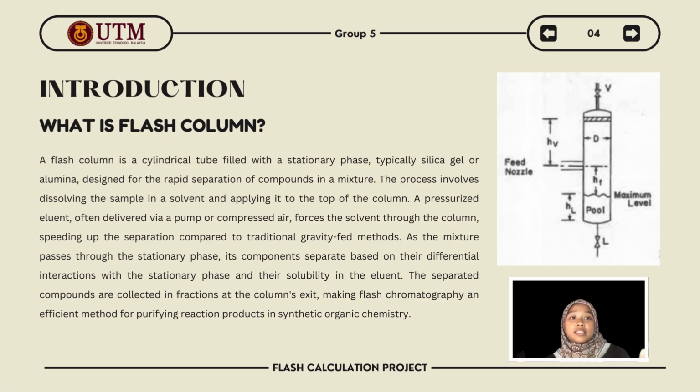The mixture that we use in this project is hexane and pentane. The process involves dissolving the sample in a solvent and applying it to the top of the column. A pressured diluent, often delivered via a pump or compressed air, forces the solvent through the column, speeding up the separation compared to traditional gravity-fed methods.